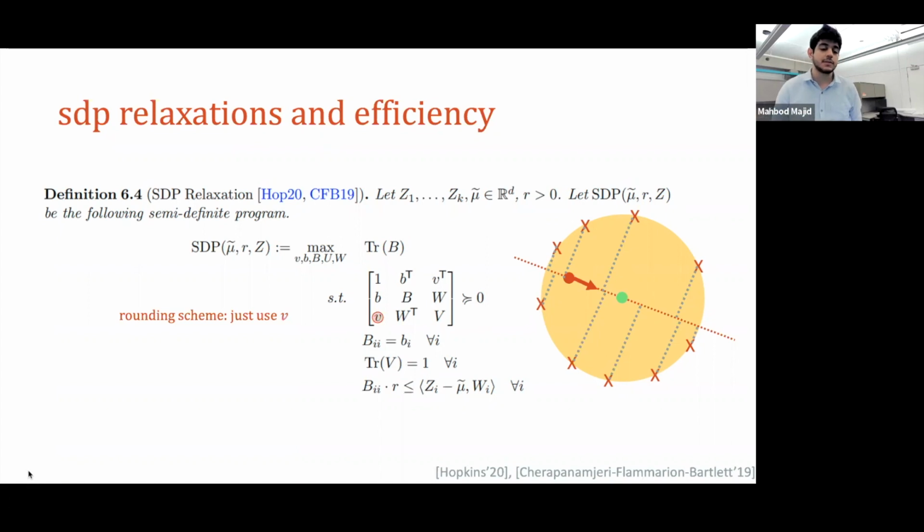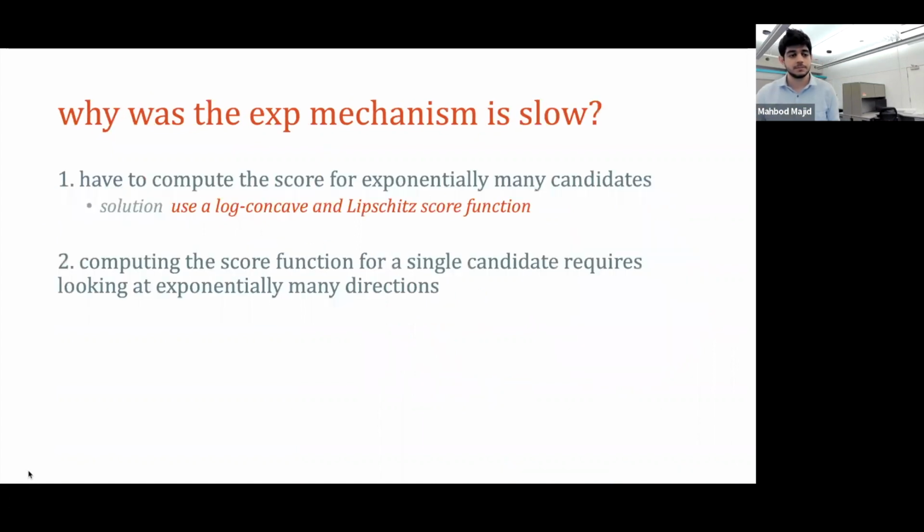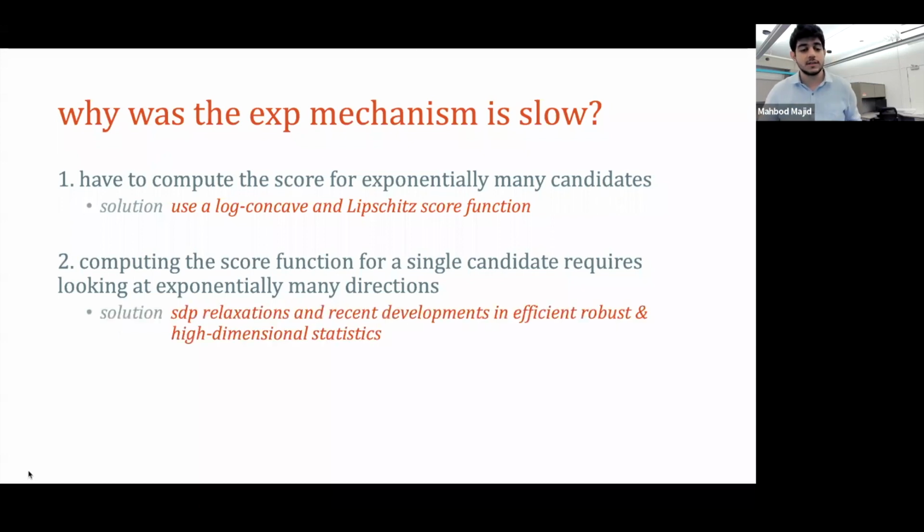And in this work, we also show that in previous works, they use the top eigenvector of the large V. But in this work, we show that just using the V, the small V in this semi-definite program, also takes us to a central point. Now, we know how to sample from an exponentially large set. And now we just realize how we can compute the score function efficiently.